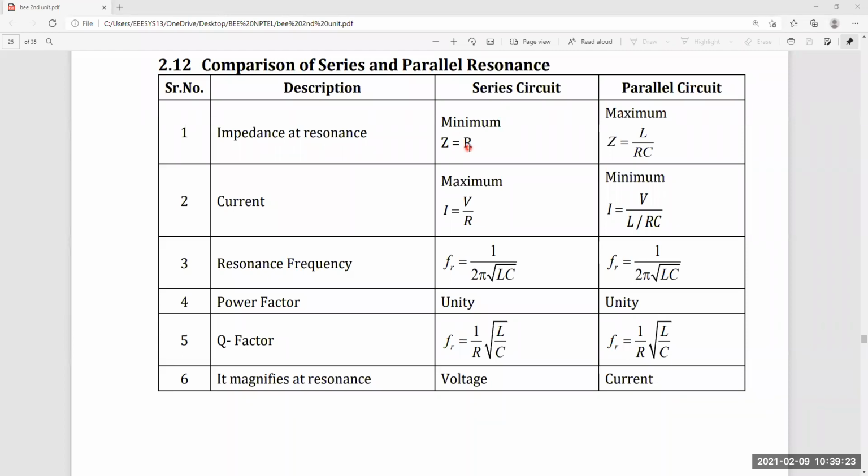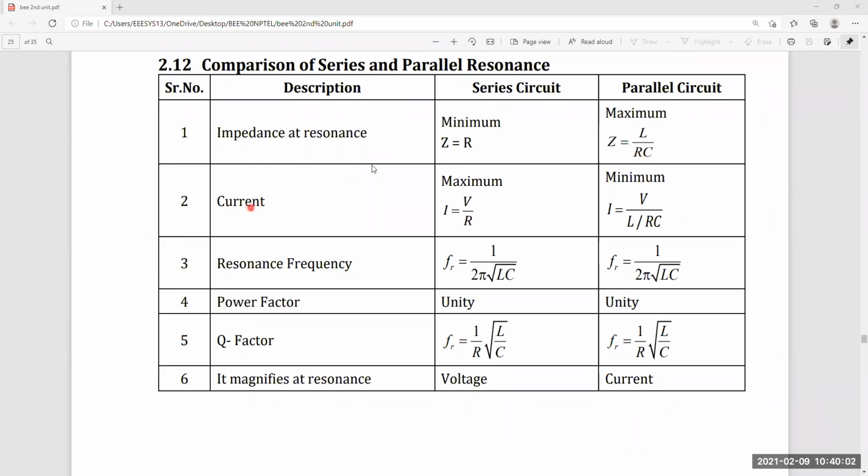Because Z is equal to R plus j into XL minus XC for a series RLC circuit, and when XL is equal to XC the imaginary part is equal to 0, so only the resistance remains, Z is equal to R. For the parallel circuit, the maximum impedance is Z is equal to L by RC, because the capacitance is in the range of microfarads or picofarads. That's why Z is maximum.